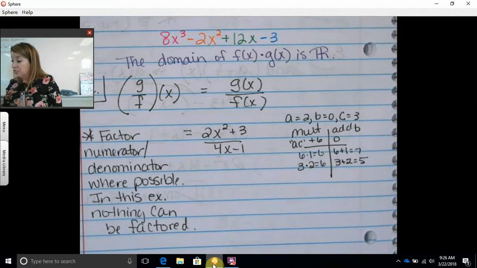So can I reduce 2 and 4? I mean, I want to, can I?